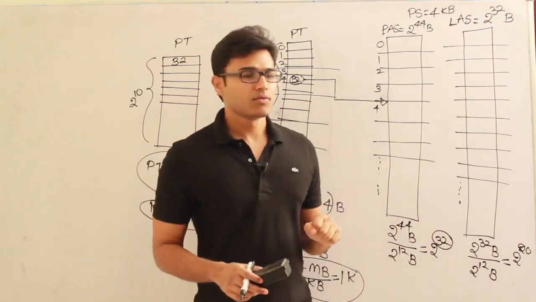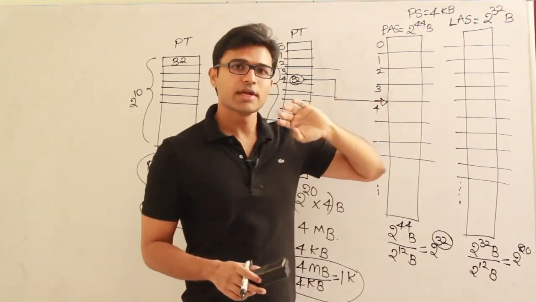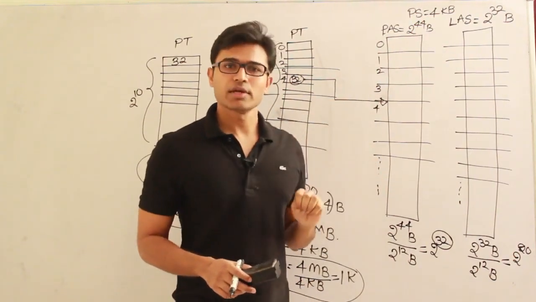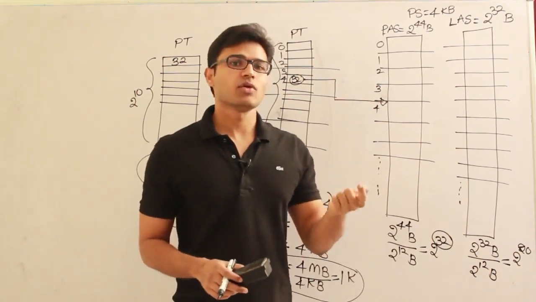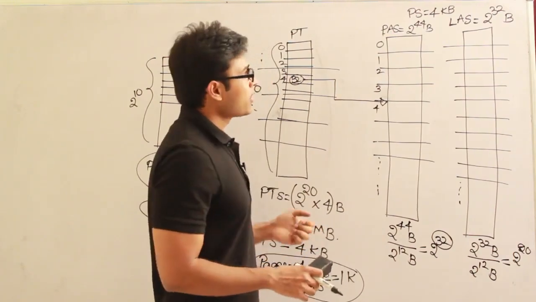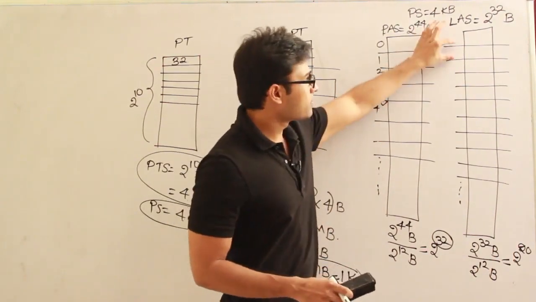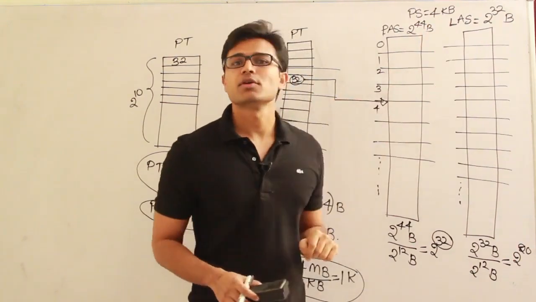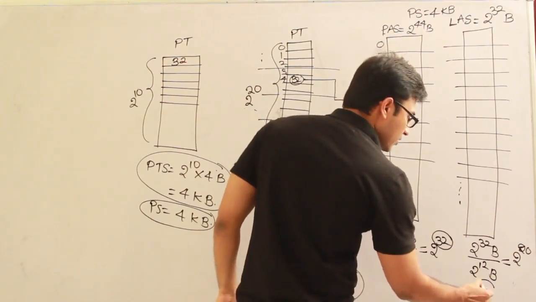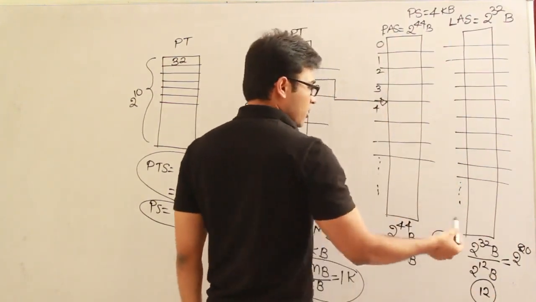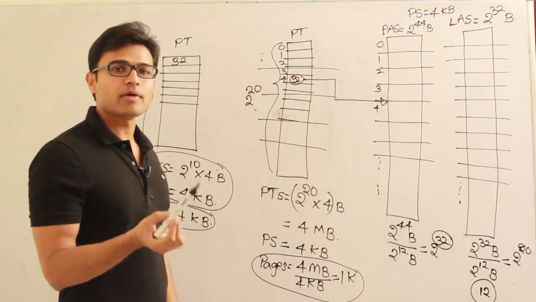Okay, so now since one page size is 4 KB, how many bytes or how many addressable units are present in one page? 4 kilobytes, right? So in order to identify one addressable unit in this page of the logical address space, how many bits are required? 12 bits, isn't it? So here I need 12 bits in the logical address space in order to identify one byte out of 2 power 12 bytes.